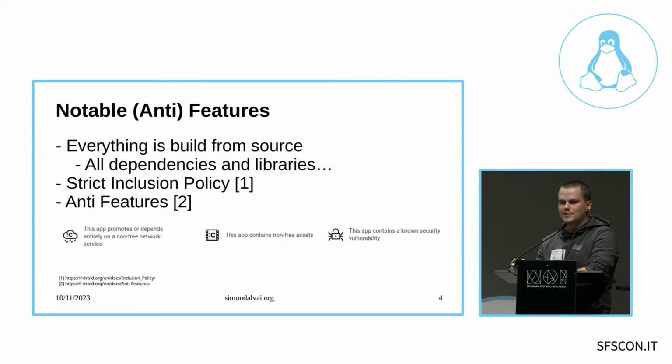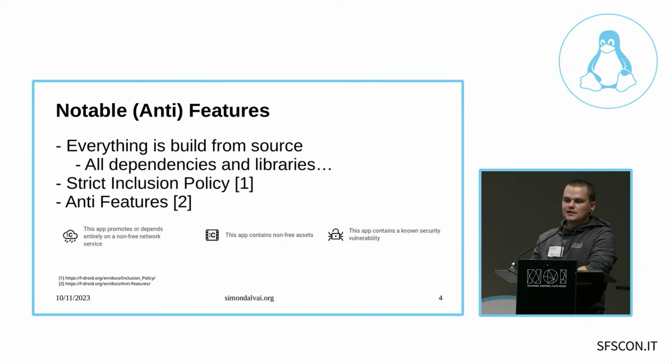So if you have third-party dependencies or something like that in your application, they need to be open source and be built during the CI process. So you can't just download them from a pre-built repository, you have to build them on the fly.